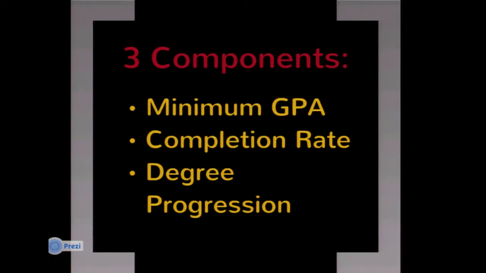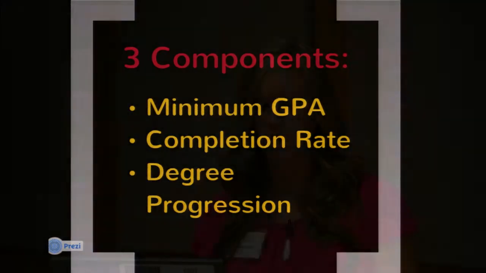So minimum GPA means that undergraduate students must maintain a cumulative GPA of 2.0, and then graduate and doctorate students need to maintain a cumulative GPA of at least a 3.0. So if they are not meeting that criteria, they will get selected for SAP. Now, this becomes a little sticky sometimes with consortium students, because they might be taking only maybe 1 class here at Ferris, but they're taking some over at the community college, and maybe they really bombed their Ferris class.